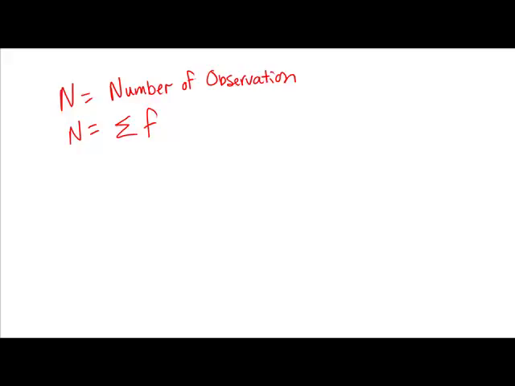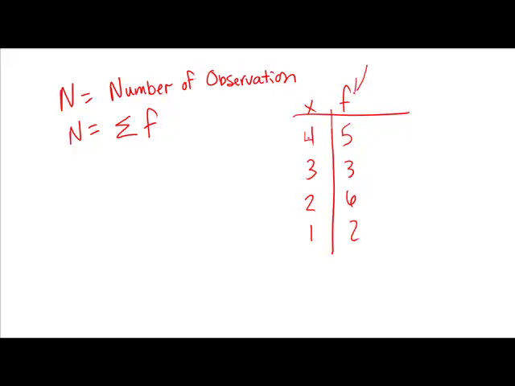So when you look back at that table, this number here, f, is the frequency in which we saw each individual number.